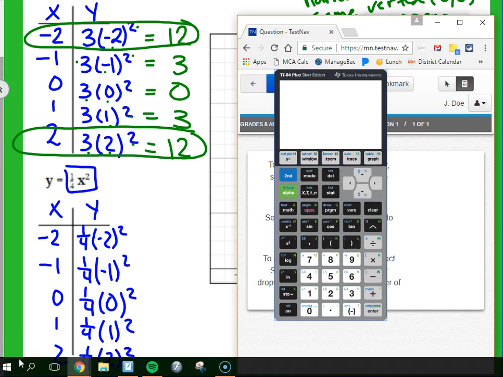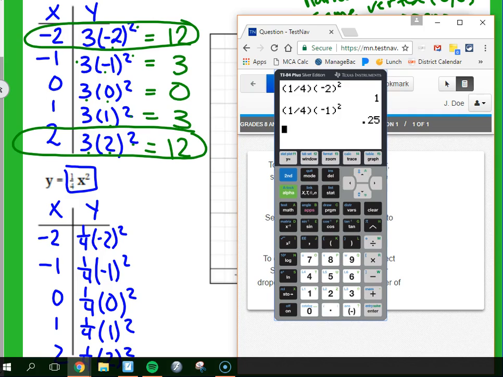To show you how to use your calculator to evaluate these, we can put 1/4 in parentheses as 1 divided by 4. And then we can do -2 and squared. Press enter and it'll evaluate it for us. So we get 1 for our first answer. Then we can put -1 in for x. We get 0.25.